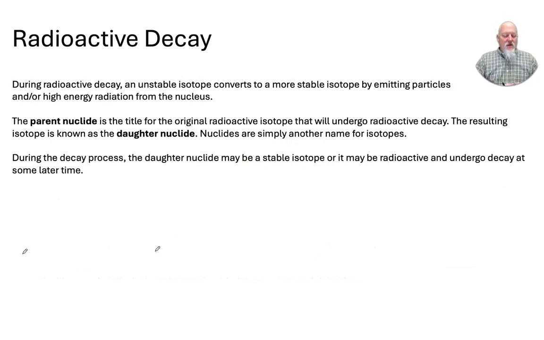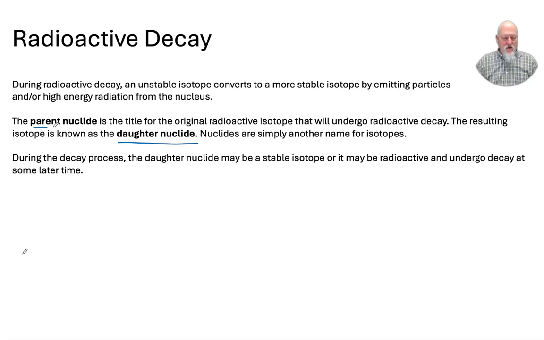Okay, during radioactive decay, an unstable nucleus, an unstable isotope, breaks apart into typically a small atom, and releases a particle or energy or both. And when it does so, the product is called a daughter nuclide.